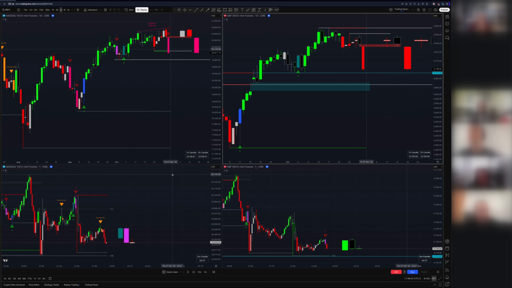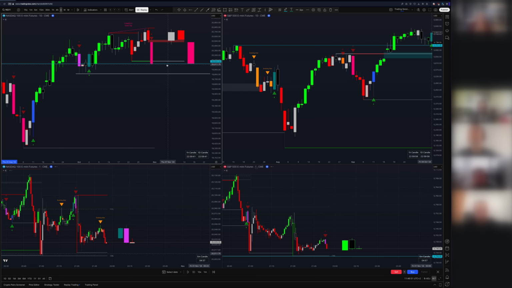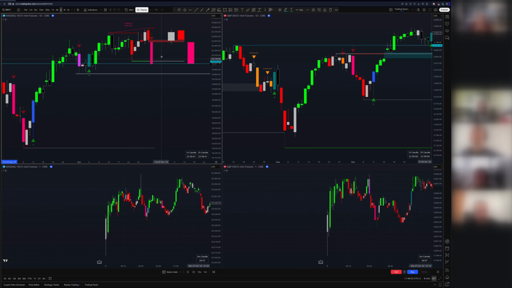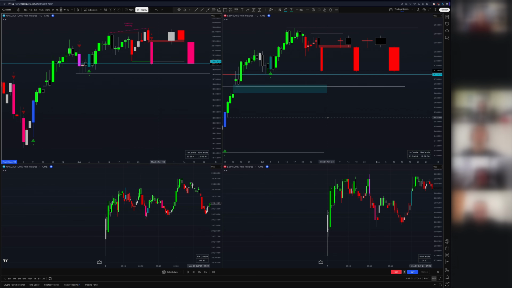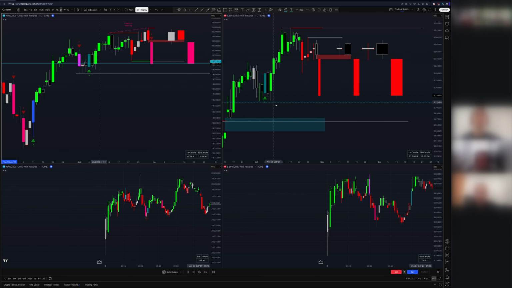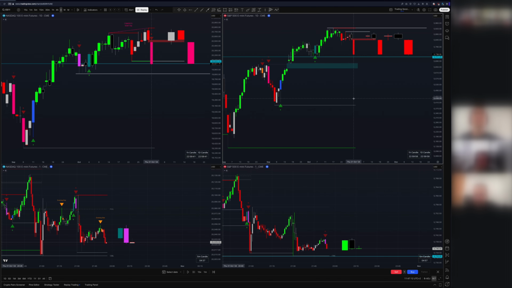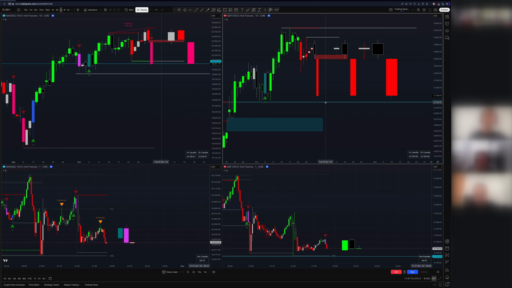So Torsten, when you're drawing our levels, you're drawing them on the daily chart, it seems. Yes, I draw them. I mean, if I'm on the 5-minute chart, then I draw them there. Now I'm drawing them here. It might really be nice to have different colors for the different time frames. Yeah, we should do that. Let's do it like the blue ones for longer time frame lines and the gray ones for intraday lines.